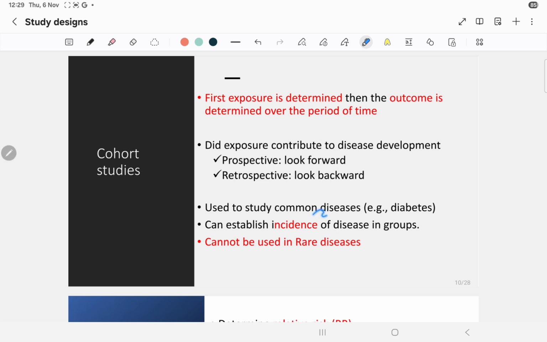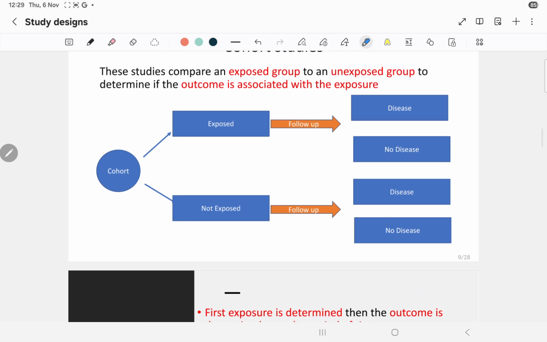Cohort studies are used to study common diseases. Okay, they cannot be used in rare diseases. Why? Because suppose you take a cohort and you categorize them as exposed and non-exposed, you follow them up over a period of time, and nobody develops a disease, because this is a rare disease, right?